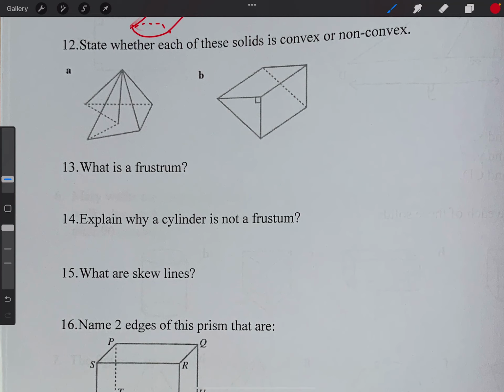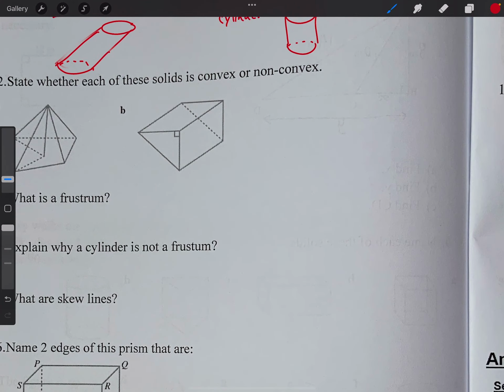State whether each of these solids is convex or non-convex. Now, the word convex, imagine if you have a polygon like this. I'm going to explain what this means. Imagine those are straight lines, and you have another shape that looks like this.